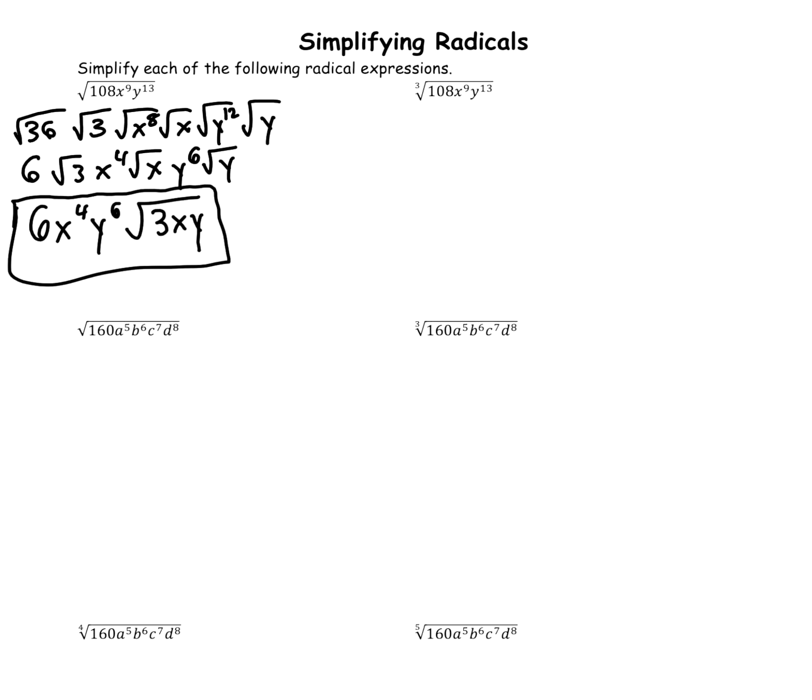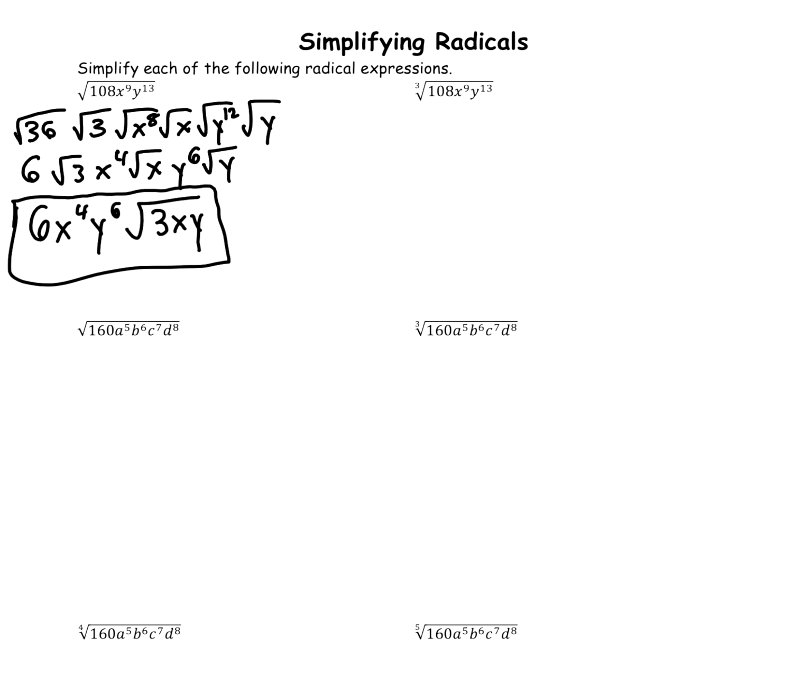So let's look at the next one, the one to the right of it. What's different about this one than the one we just did? Well, this one now has a cube root, not a square root.